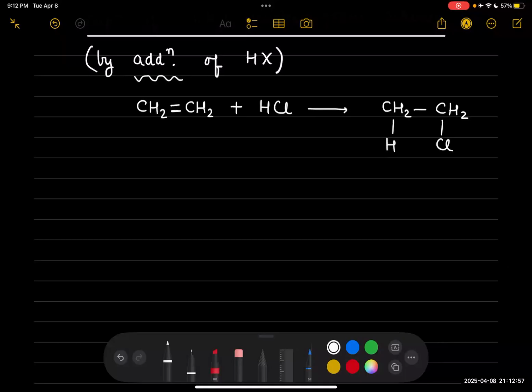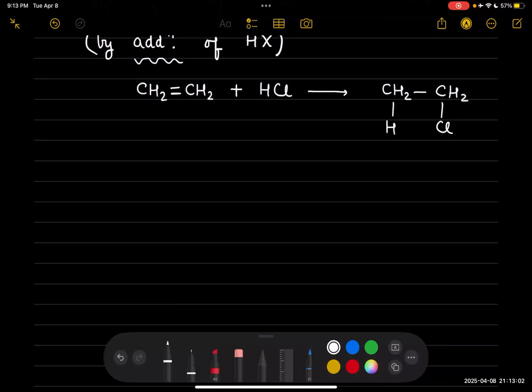For this one, you don't need to bother where I am going to put the H and where I am going to put the Cl. You can put them the way you like, because both sides are the same. It is a very small alkene, just two carbon atoms, so you don't have options. On one you can put the chlorine, and on the other you can put the hydrogen. Is that clear or not?